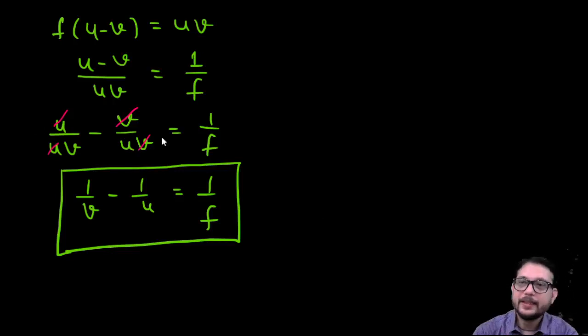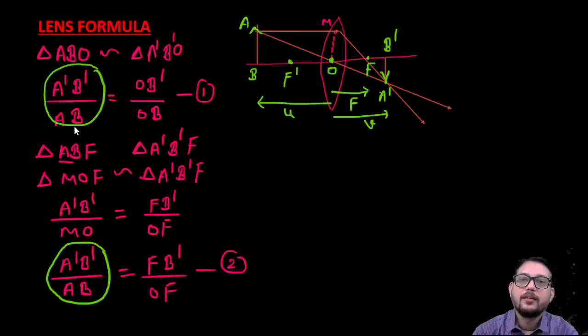So once again, just look at this. What we have done: firstly we drew a ray diagram. For that you have to take an object, and you get an image A dash B dash.